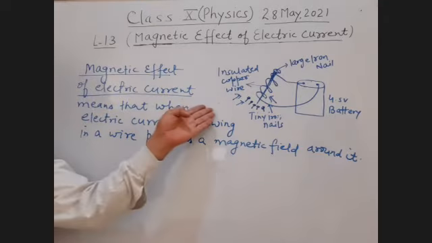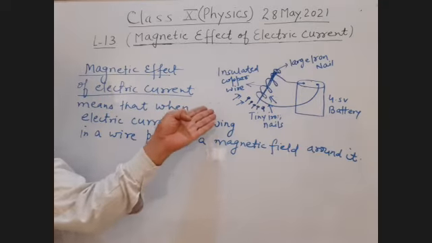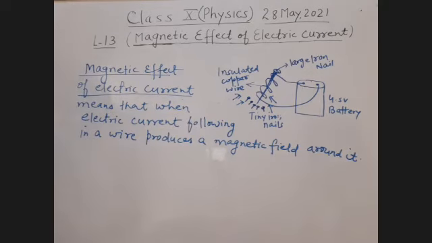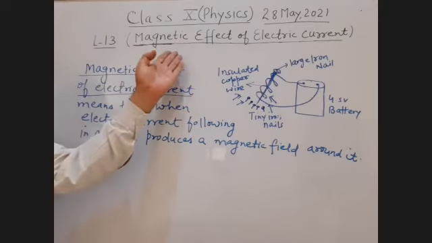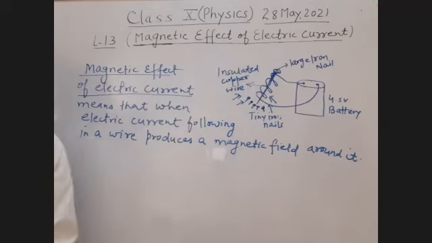This statement is self-explanatory: on passing electric current, it shows the property of electromagnetism. Is it clear, students? It is the first concept of this lesson, as the name of the lesson is magnetic effect of electric current.